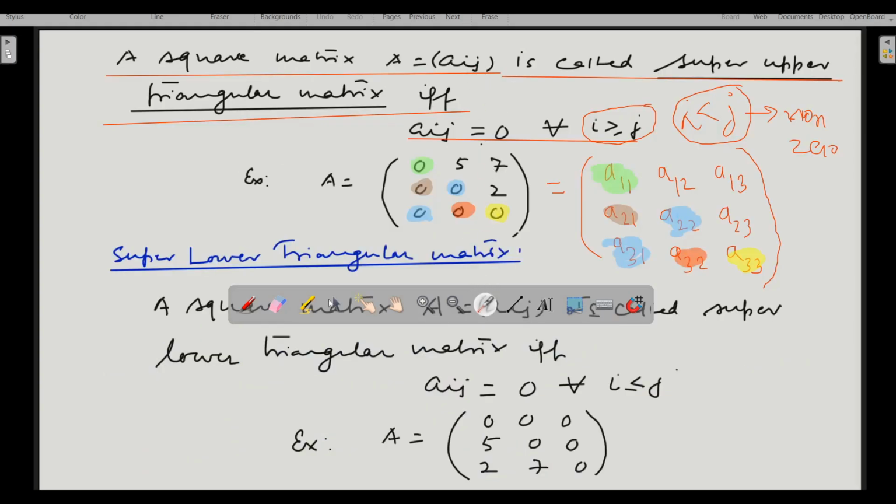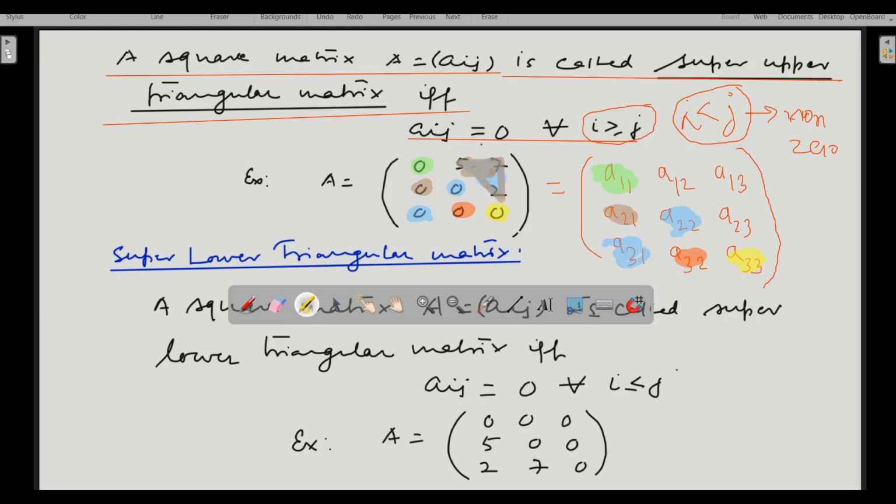Now why is it being called super upper triangular? Because a triangle of numbers is being formed here, on the upper side of the matrix.